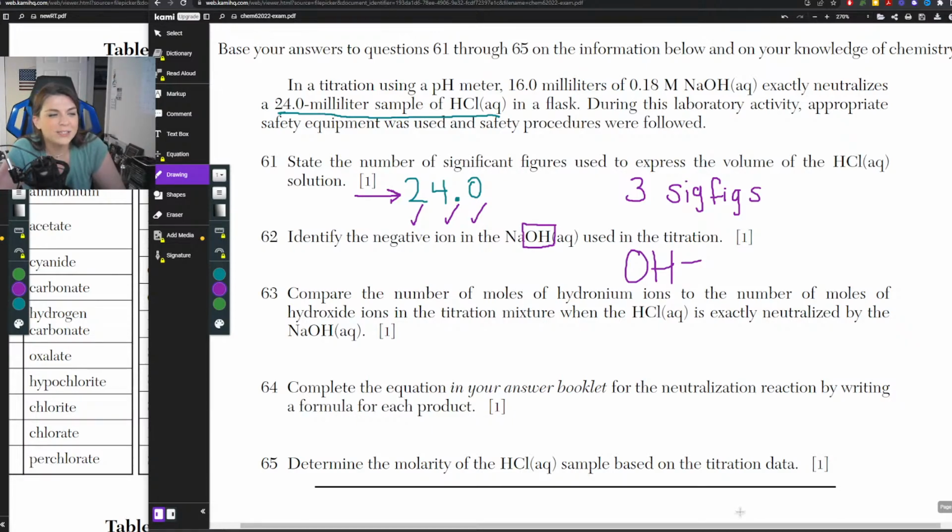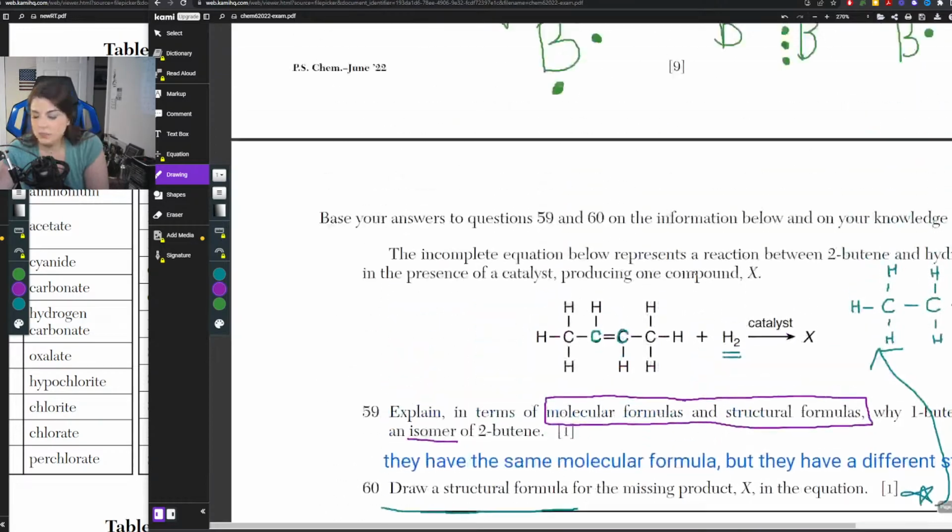63. Getting ahead of myself. Compare the number of moles of hydronium ions to the number of moles of hydroxide ions in the titration mixture when the HCl is exactly neutralized by the NaOH. Your brain might be telling you to do some math here because we're talking about numbers of moles, but the key here is that your solution has been exactly neutralized.